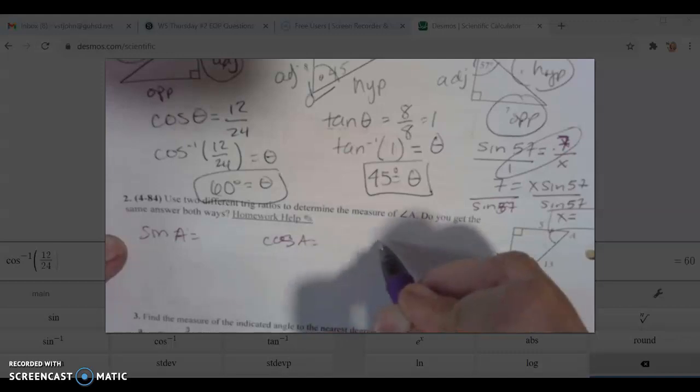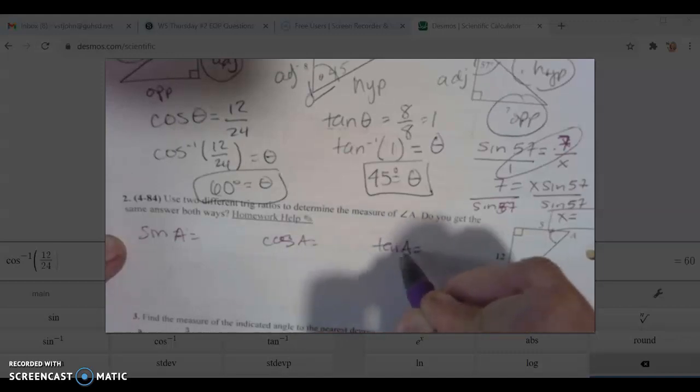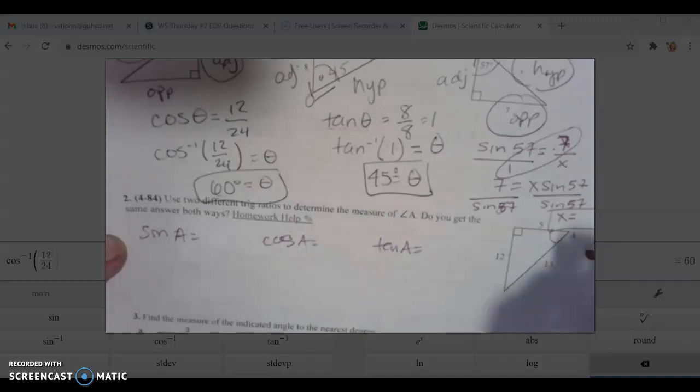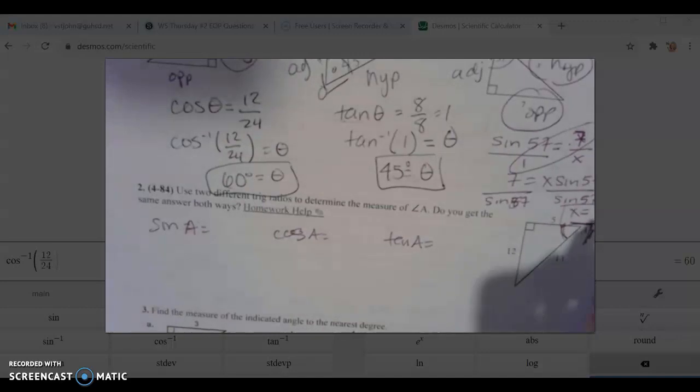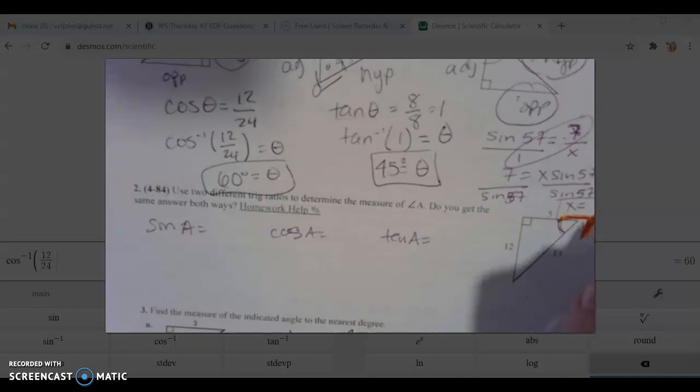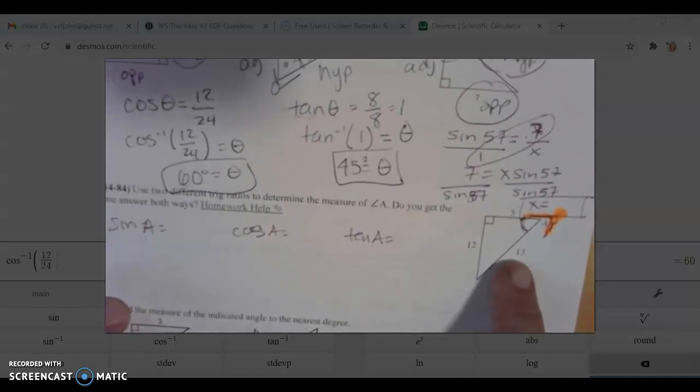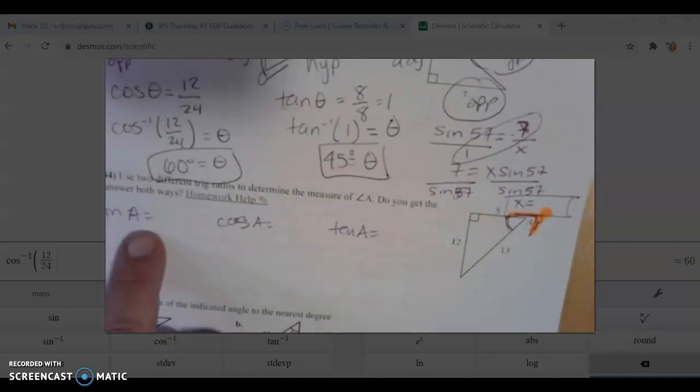Cosine of A equals what? And tangent of A equals what? You can figure all those out because this is your reference angle, and your arms are going to go this way. Actually, let me draw that a little better. Label from that point, then you can tell me what each of those measures is going to be.